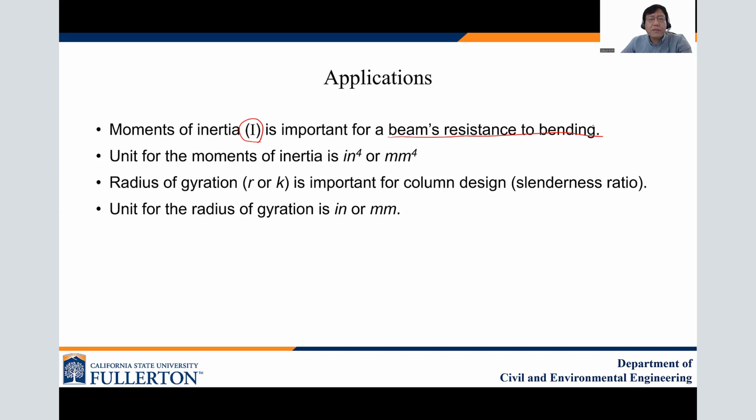The unit for moment of inertia is inch to the fourth power or millimeter to the fourth power. Radius of gyration, R in some books and K in others, is important for column design, especially for calculating the slenderness ratio. You will learn about this later, but it is a key value. The unit for radius of gyration is inch or millimeter.